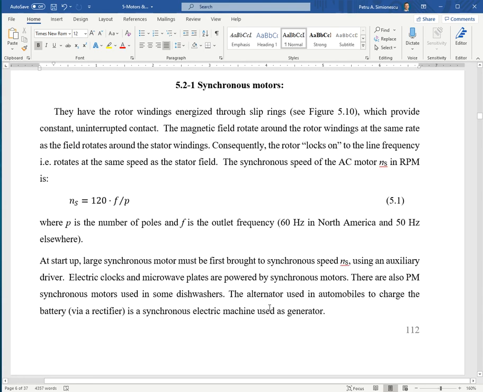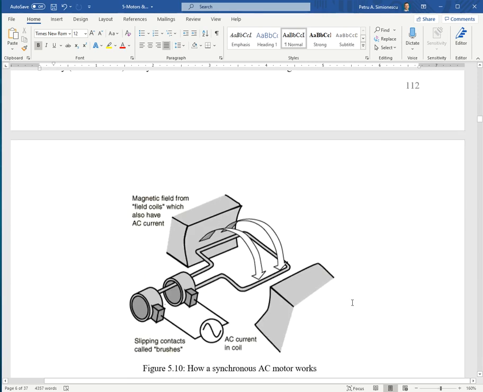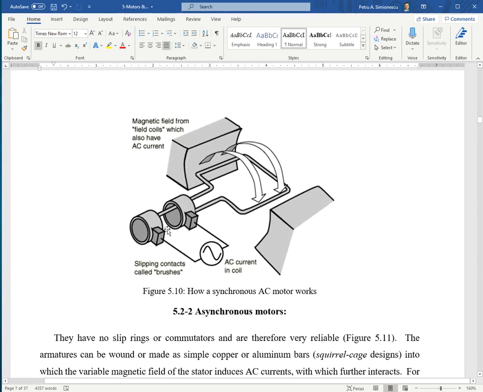Yeah, so the alternator in an automobile is actually a synchronous electric machine that is used as a generator, and it has moving contacts which can wear out. One mode of failure of automobile alternators is the wear out of the graphite brushes, or of the bearings, I would say. Anyway, so in a synchronous motor, you can see the moving contacts.